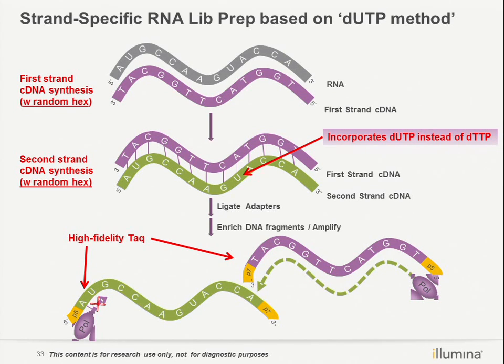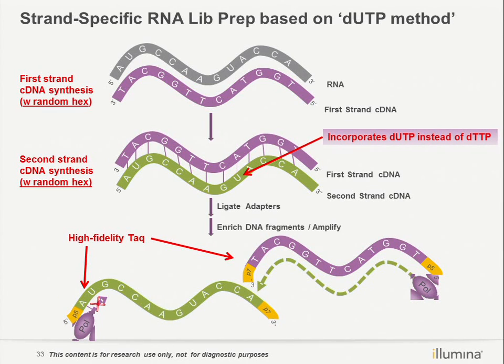Firstly, we get the fragmented RNA, and then we do the first reverse transcription to get the first strand cDNA. In the second step, we incorporate dUTP instead of dTTP. So the second strand cDNA has the incorporated dU here. And then we ligate the adapters, followed by a PCR process. In the PCR process, we introduce a high fidelity Taq polymerase.